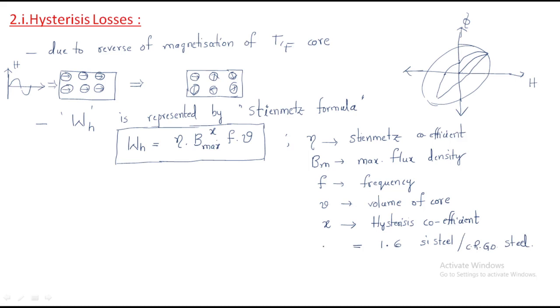For anything, it is only this formula. So once again, WH is the hysteresis loss, neta is the Steinmetz coefficient, Bmax is the maximum flux density, and x is the hysteresis coefficient. It is used in our problems. Small f is frequency, V is the volume of the core.